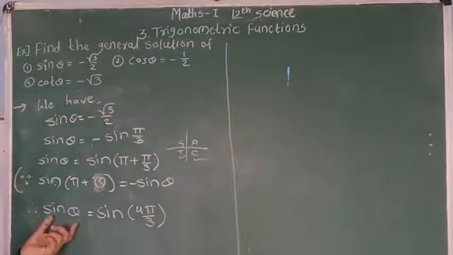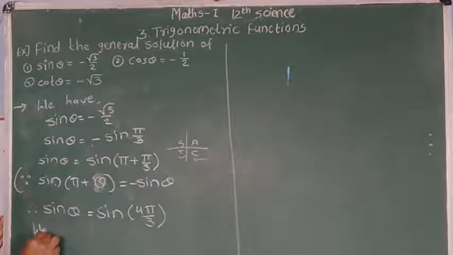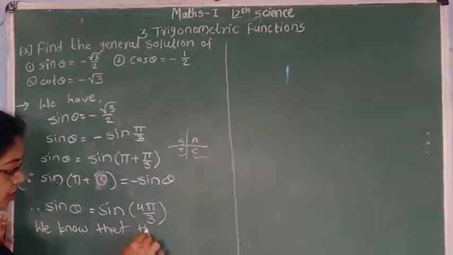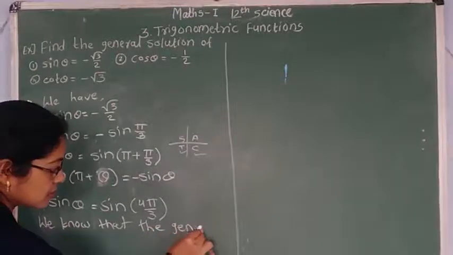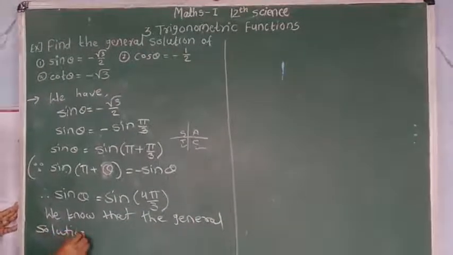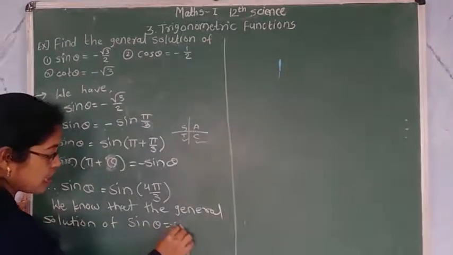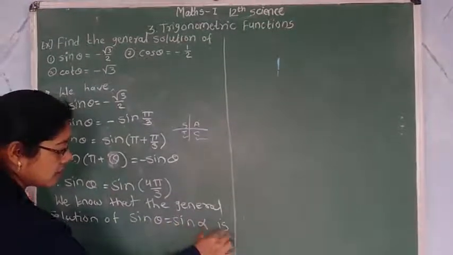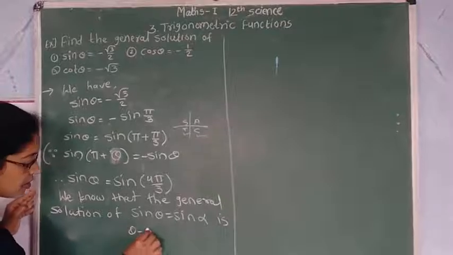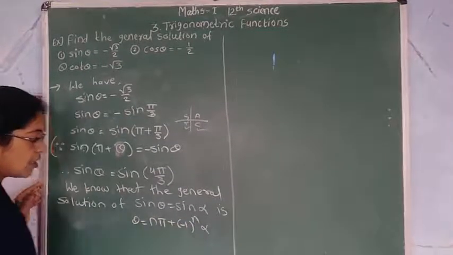Now this is in the form of sin theta is equal to sin alpha, and we know the general solution of sin theta is equal to sin alpha is theta is equal to n pi plus minus 1 raised to n alpha.